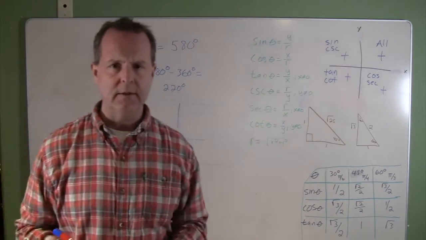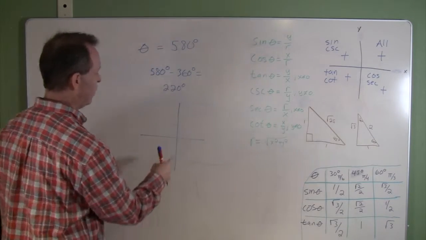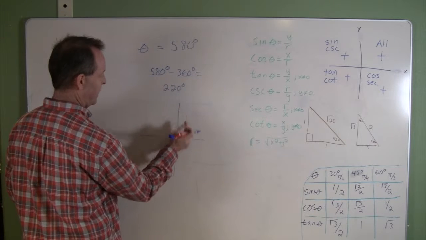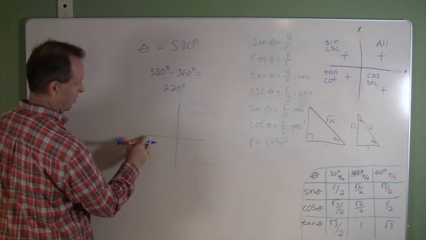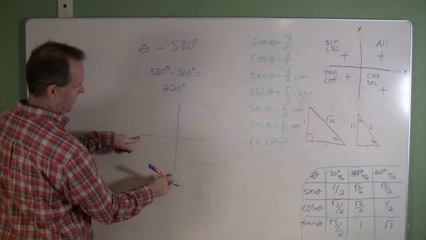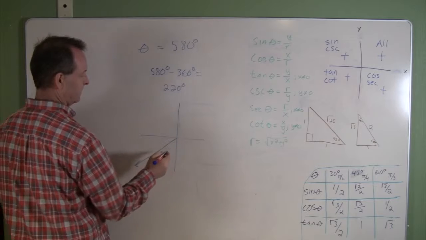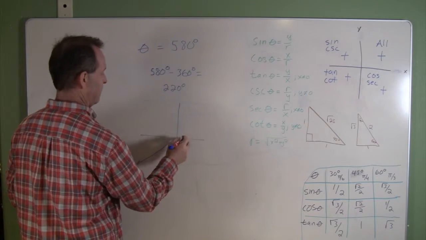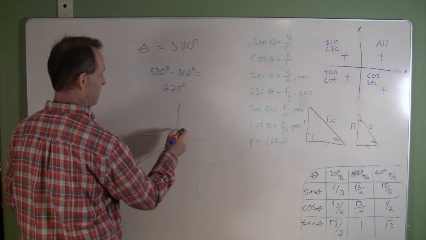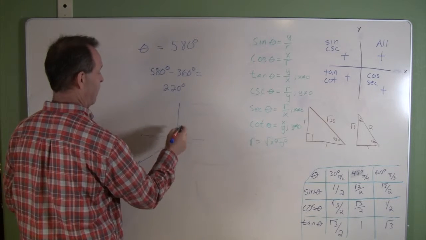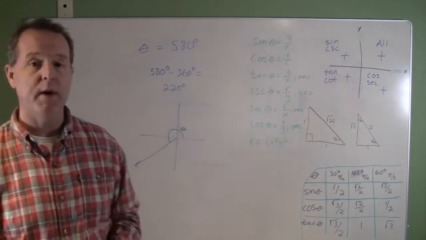Is that its reference angle? Nope, not its reference angle. 220 degrees. Up is 90. This way is 180. 270 down. So 180 to 270. So my theta, or my coterminal theta, let's say it that way, my coterminal theta is 220 degrees.